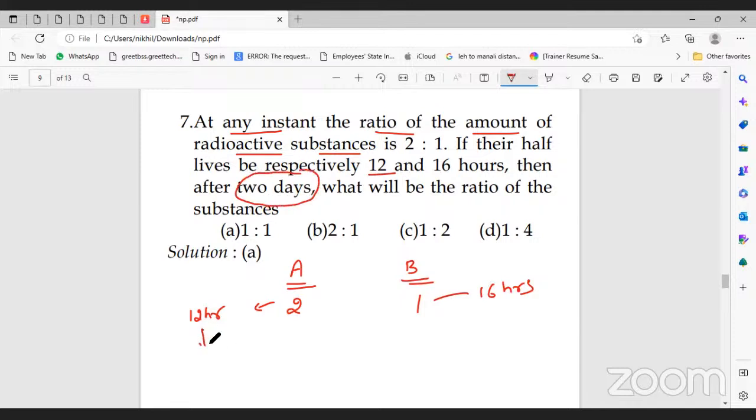After 2 days, totally 4 half-lives have to take place for A. Why 4 half-lives? Because 12 hours is 1 half-life, and 2 days means 48 hours. So if the half-life is 12 hours, how many half-lives can you expect in 2 days? 4 half-lives.